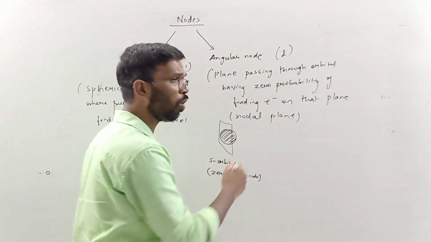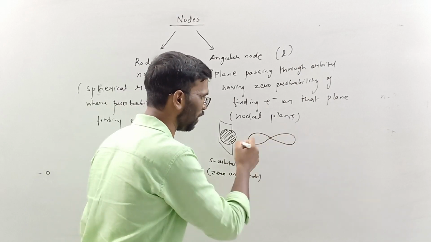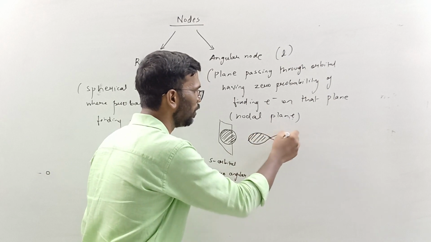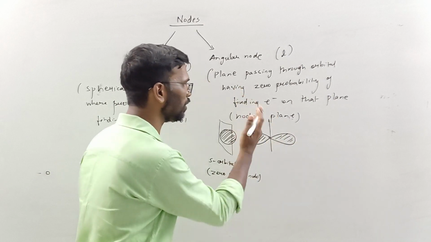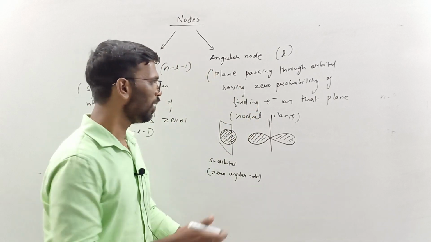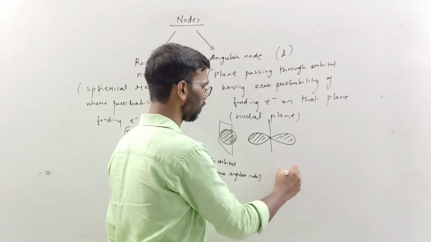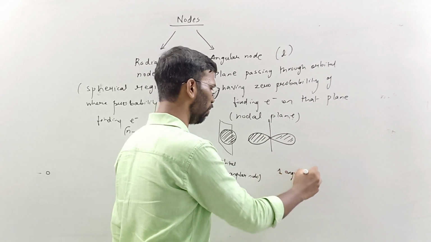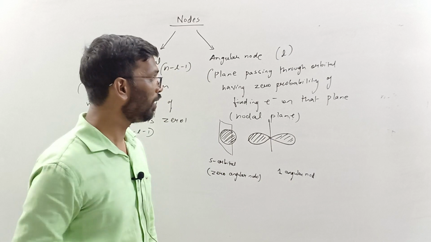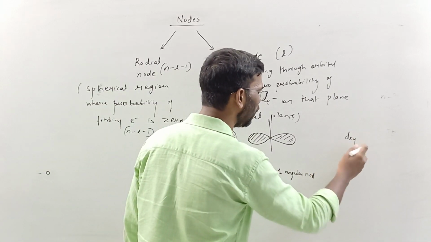So for the p orbital, what is it? Let's take the pz orbital. There is at least one plane which you can pass through this p orbital, right? That's why this p orbital will have one angular node. When you talk about a d orbital, what is the shape of the d orbital? Let's take the dxy orbital.